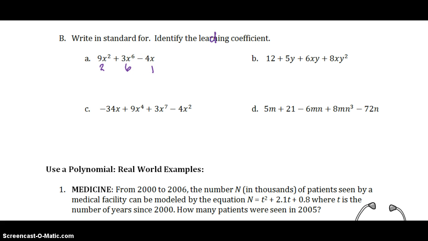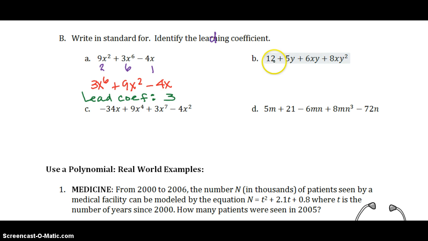So the highest term there is 6. So we should put the 3x to the 6th in the front. You want your highest degree in the front. And then we go from greatest to least to be in standard form. So this is it in standard form. So what is our leading coefficient? Our lead coefficient is 3.